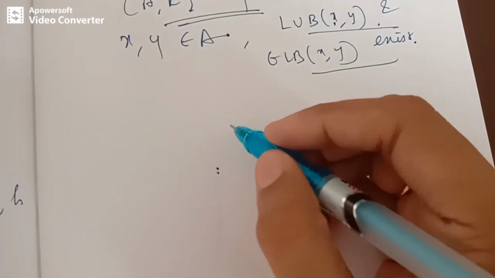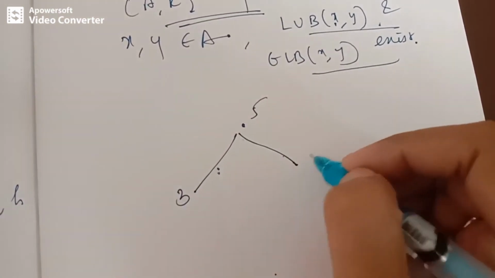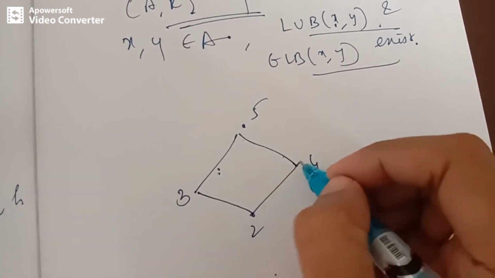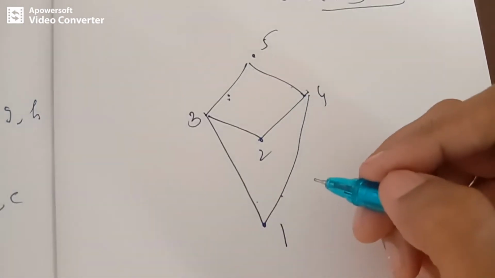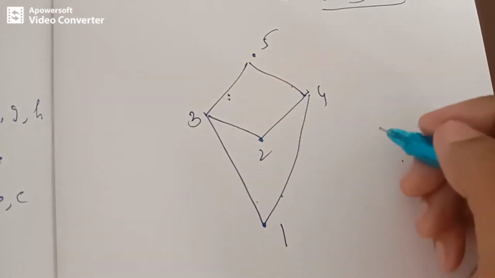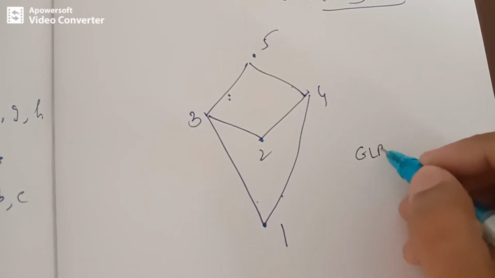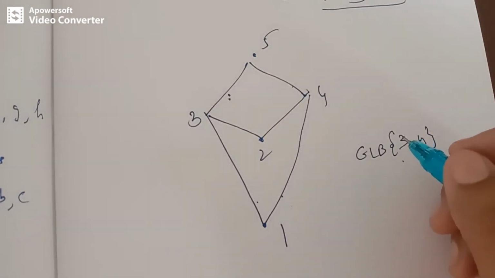So let's take an example. Let's say we have a poset whose Hasse diagram is given by 5, 3, 4, 2. So this is the Hasse diagram for a poset. Now by examining this Hasse diagram, we find out the greatest lower bound of 3, 4.